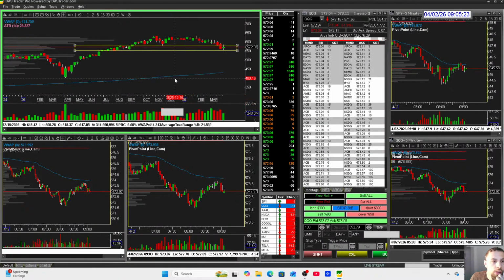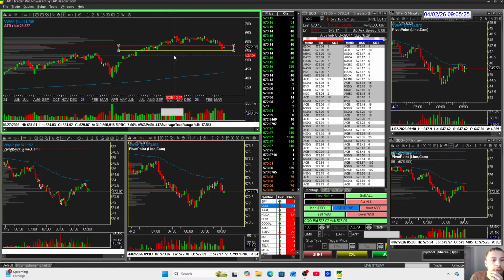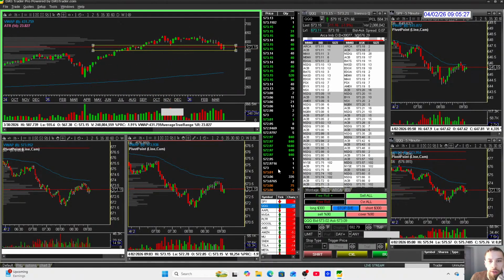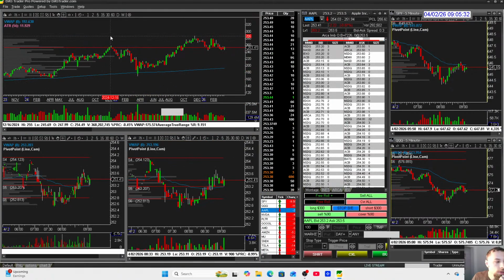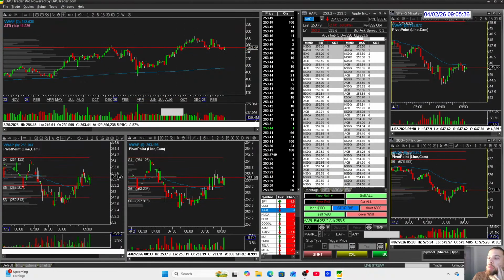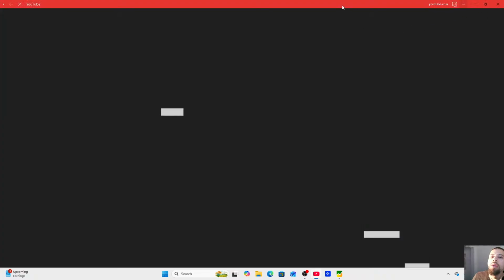So let's do that. Okay. So area of support and resistance are drawn for Qs and SPY. Just gonna thumb through the stocks here and draw our support and resistance. Let's see.